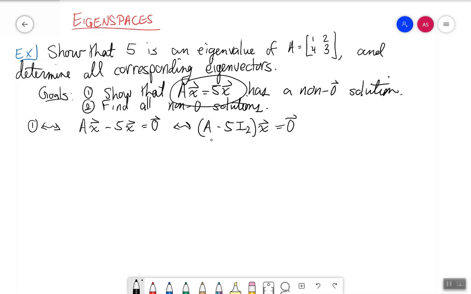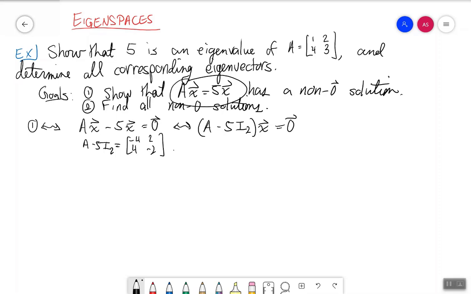Note that we cannot just write A minus 5 because you can't take a matrix and subtract a scalar. So let's see, what is A minus 5I2? Well, A minus 5I2 is equal to minus 4, 2, 4, minus 2.